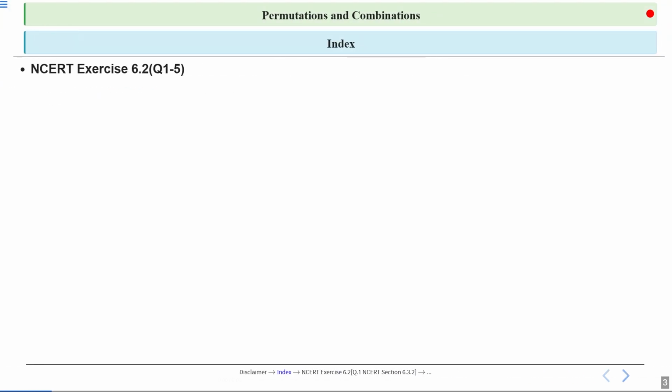So in this lecture, we will first cover NCERT exercise 6.2, question number 1 to 5. After that, we will look at derivation of formula for nPr.